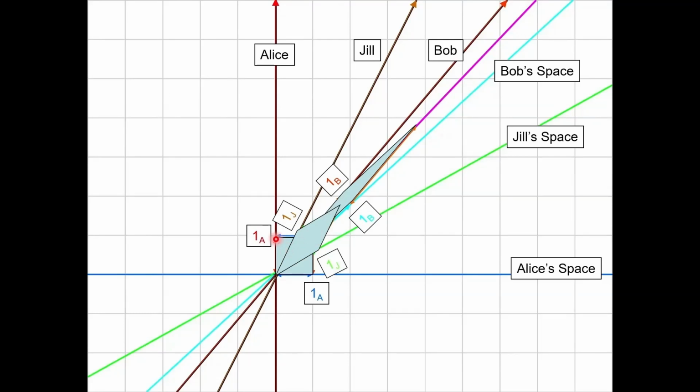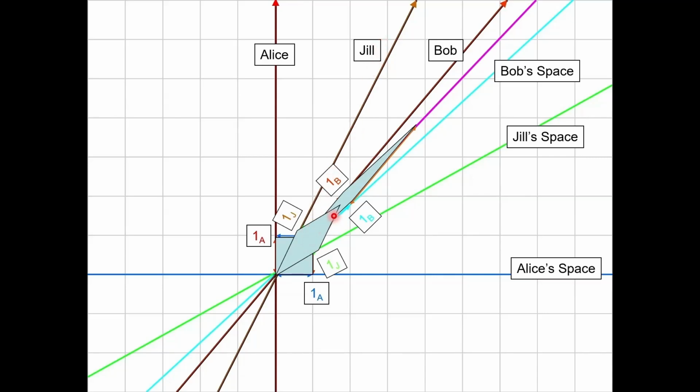So once we define the coordinate system for Alice, for example, as this being 1 unit of time and this being 1 unit of distance, then we have to look for a rhombus that has the same area as this rhombus over here of Alice. Once we have this equal area rhombus, then we know that this point over here is 1 unit of time and this point over here is 1 unit of distance in Jill's coordinate system.